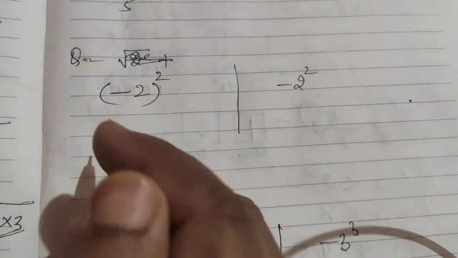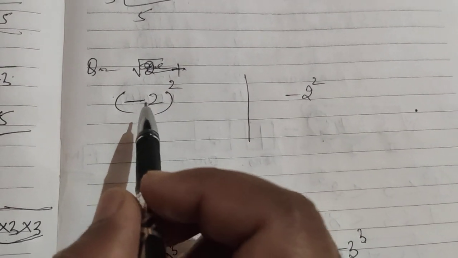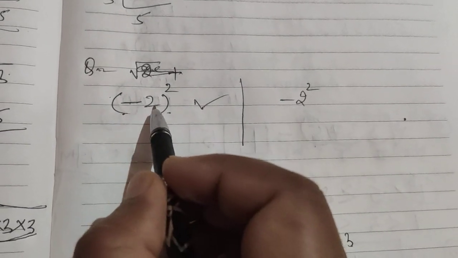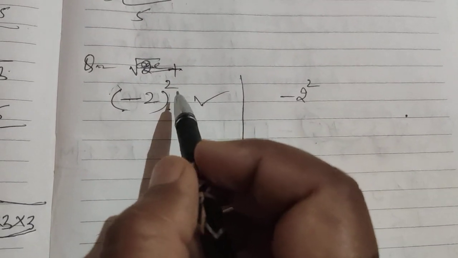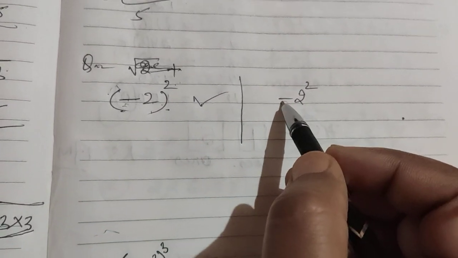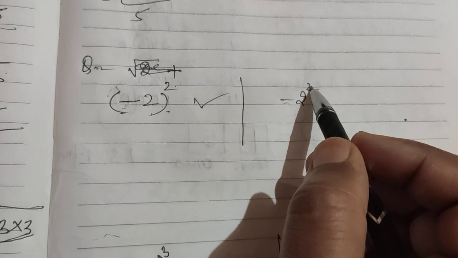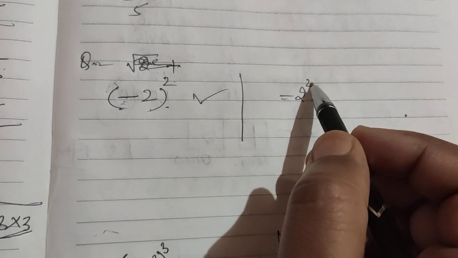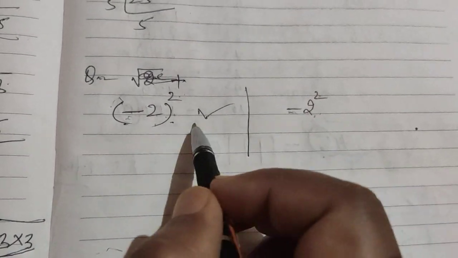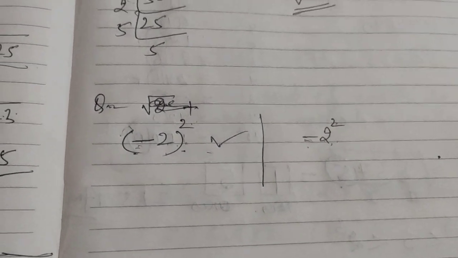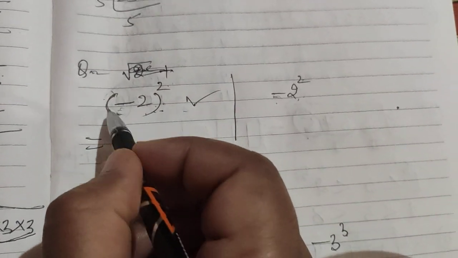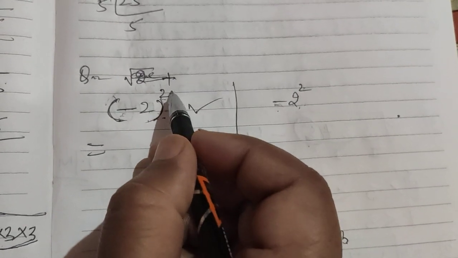Now let us see the difference between (-2) whole square, that means the square of -2, and here we will read -2 square, the negative of 2 square. There are a lot of differences. They are not equal. Let us try to find. Here the base is -2 and the power is 2.